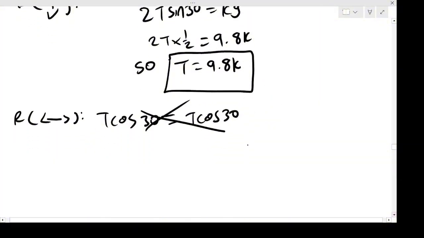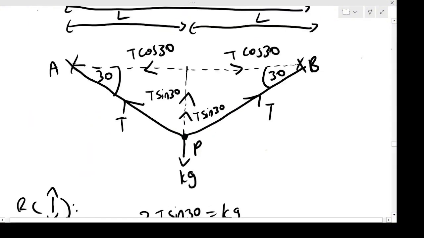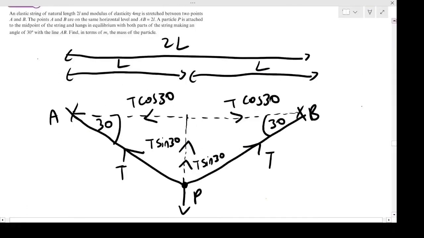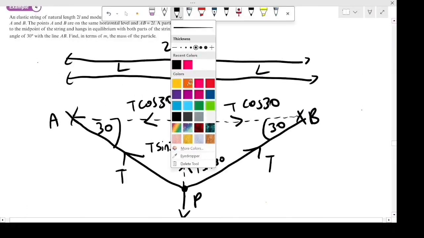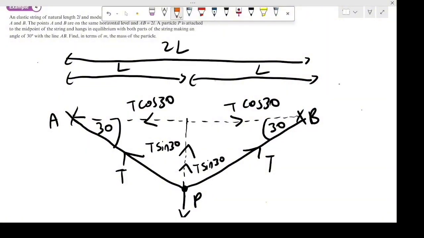So the only thing I do know really is T, the tension, is 9.8k. If I have a tension, then it might be a good idea to use Hooke's law: T is lambda x over L. Now, where am I exactly going to use this Hooke's law? What's happening here is, again, I have these two half strings together.